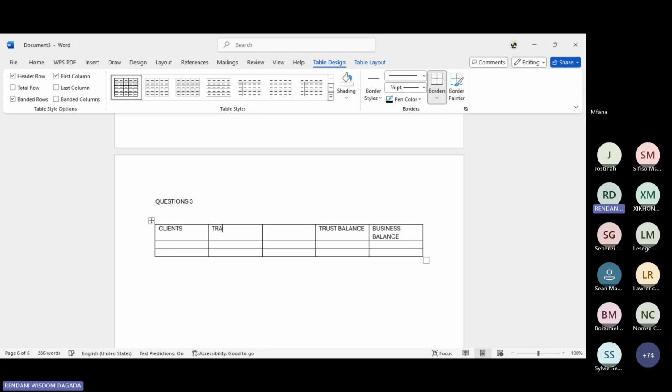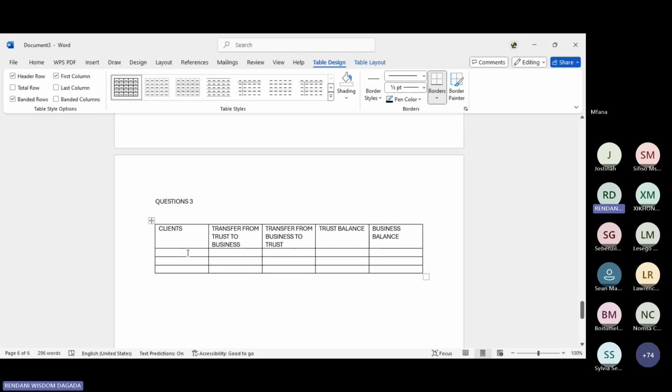Transfer from trust to business, and transfer from business to trust. So when you see extractions, just know that you need to add 2 extra columns. Your first client is King, the second one is David, and the third one is Maria.